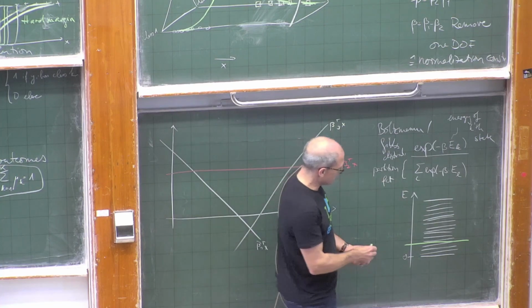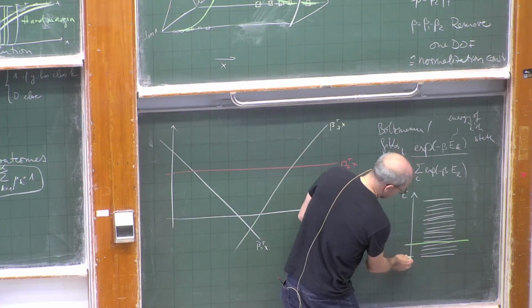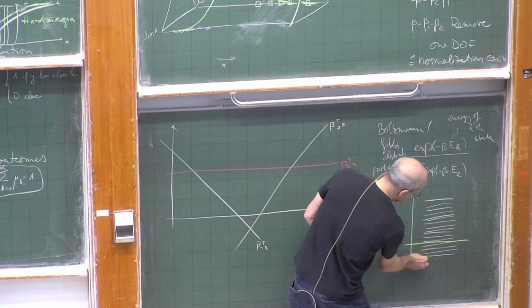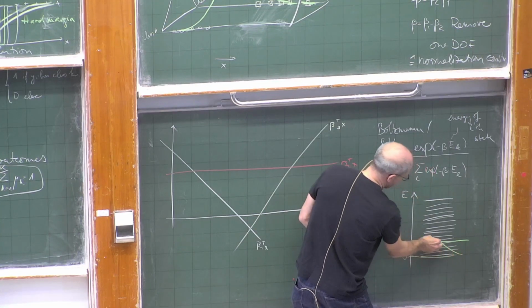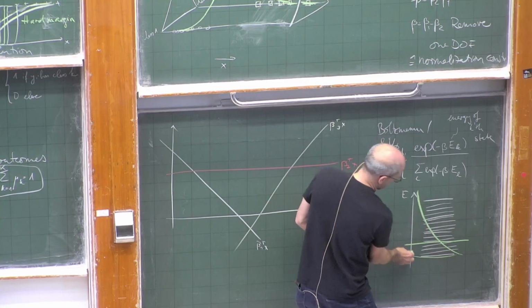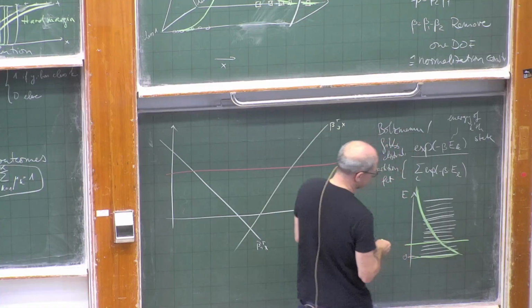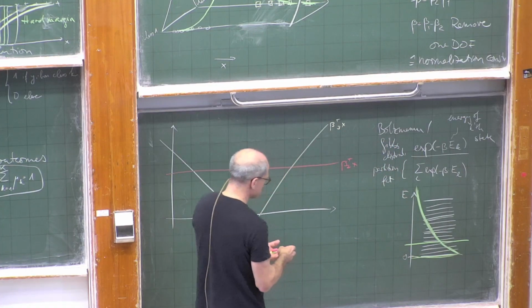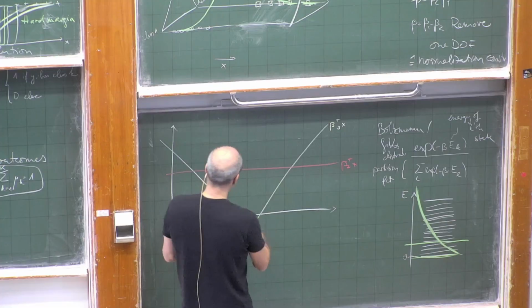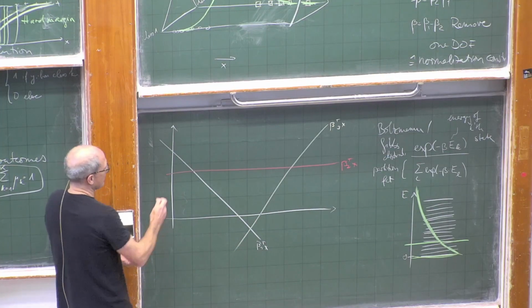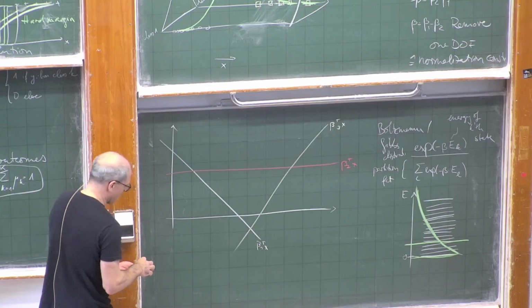And then you find a distribution which looks like so. So you have exponential decay towards higher energies. And here we're using the same thing. So I could now use two axes.